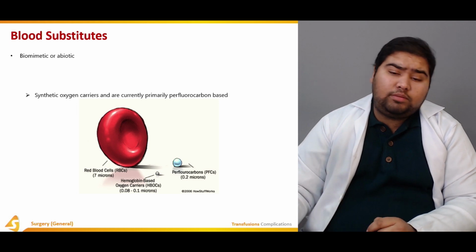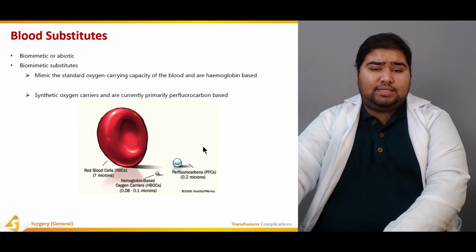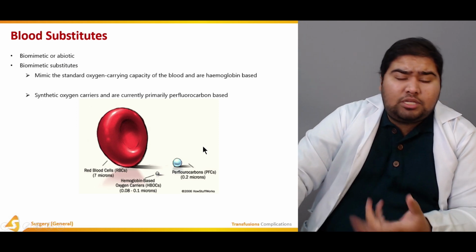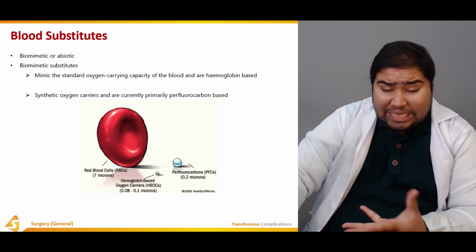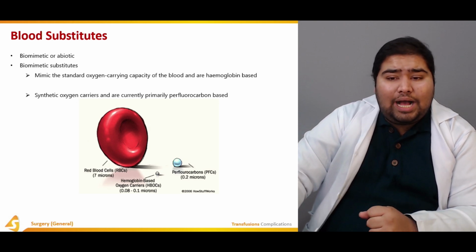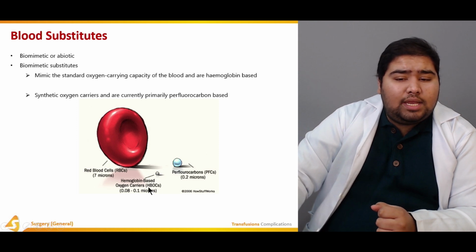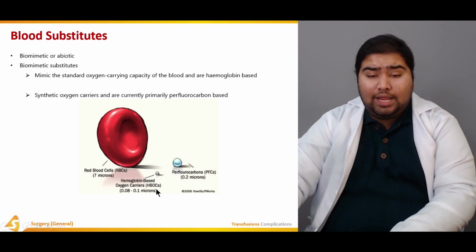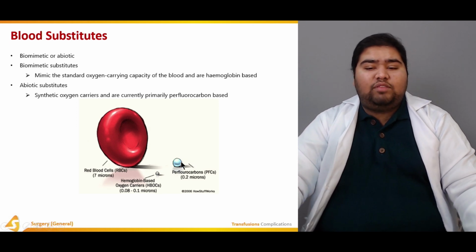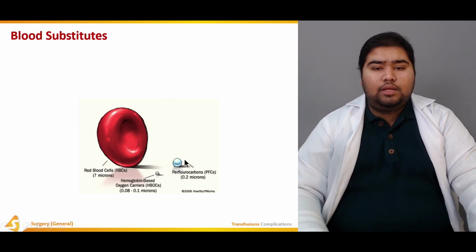We have already talked about the abiotic, the perfluorocarbons, and then we have the biomimetic. The biomimetic substitutes mimic the standard oxygen carrying capacity of hemoglobin within the red blood cells and are hemoglobin based. These are the hemoglobin based oxygen carriers, also known as HBOC. Then we have the abiotic substitutes, which are the perfluorocarbons.